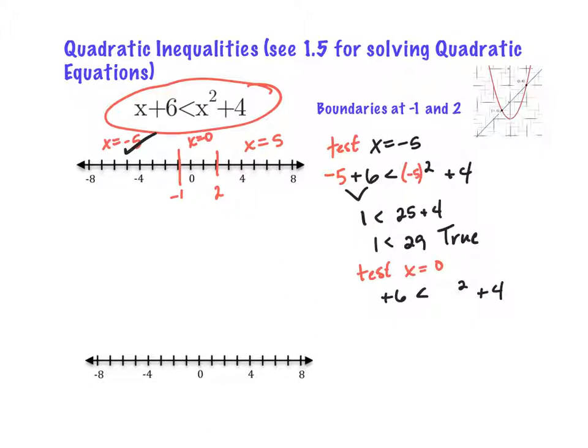This is why 0 was such an easy one to use, because it just takes out a lot of stuff. 0 plus 6 just gives me 6. Drop down the less than. 0 squared is 0, and I'm left with 4. So 6 is less than 4. That is not a true statement. So I am going to X out that middle part. That's not part of my solution.